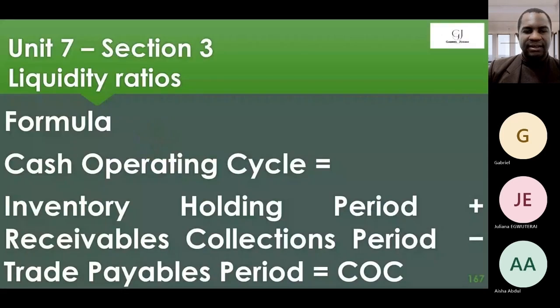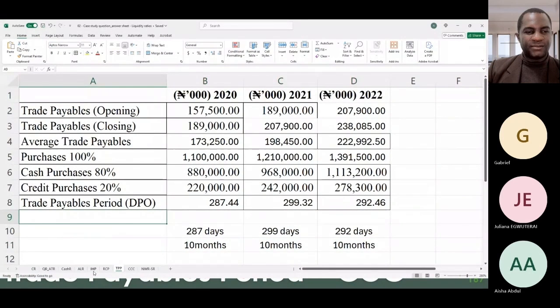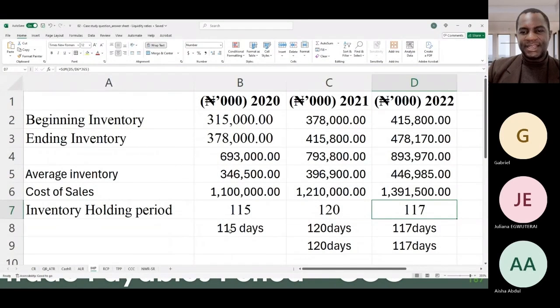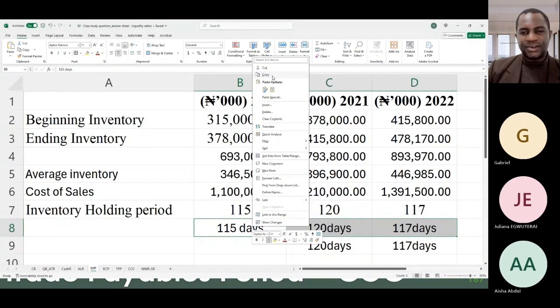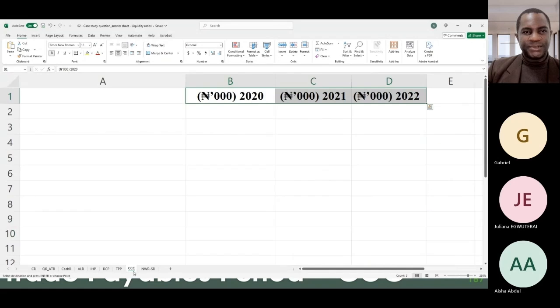So it's very simple. We will just do it from here. We have all our variables. So for the 3 years, for inventory, we've calculated it. And that's why we like the ratio. It's not a foreign calculation. You just take the number of this, put it here.